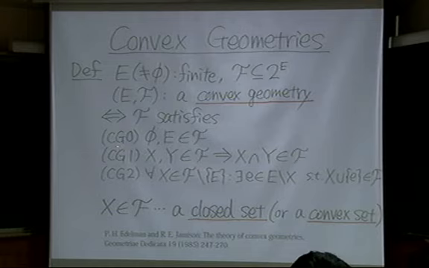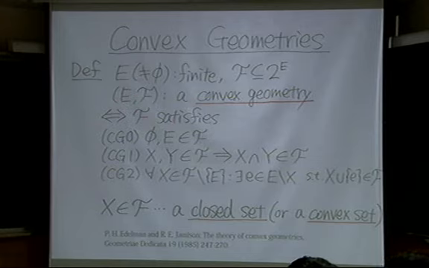The first one is that the empty set and the set E are in the family F, and the second one is that the family F is closed under intersection, and the third one is that for any element X in the family F but not the set E, there exists an element e in E but not in X, such that X with the element e is also in the family F. If F satisfies these three properties, then we call (E, F) a convex geometry.